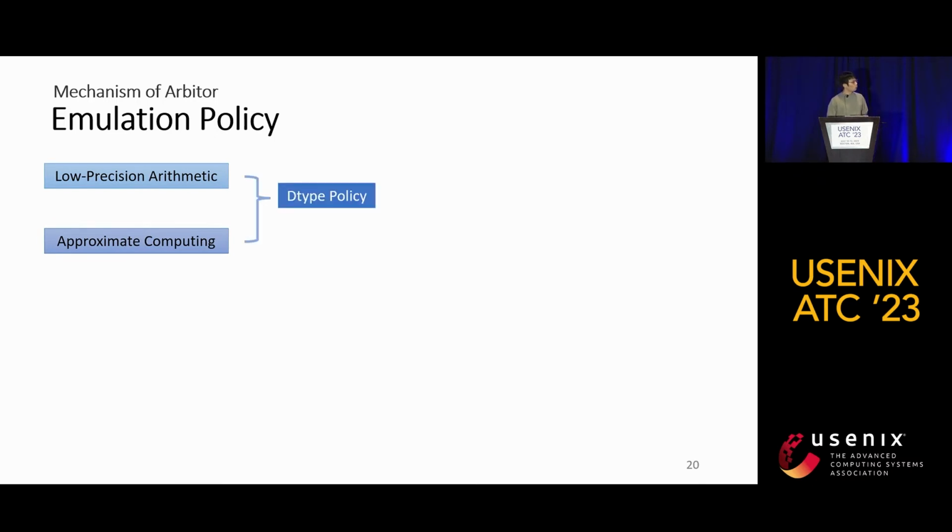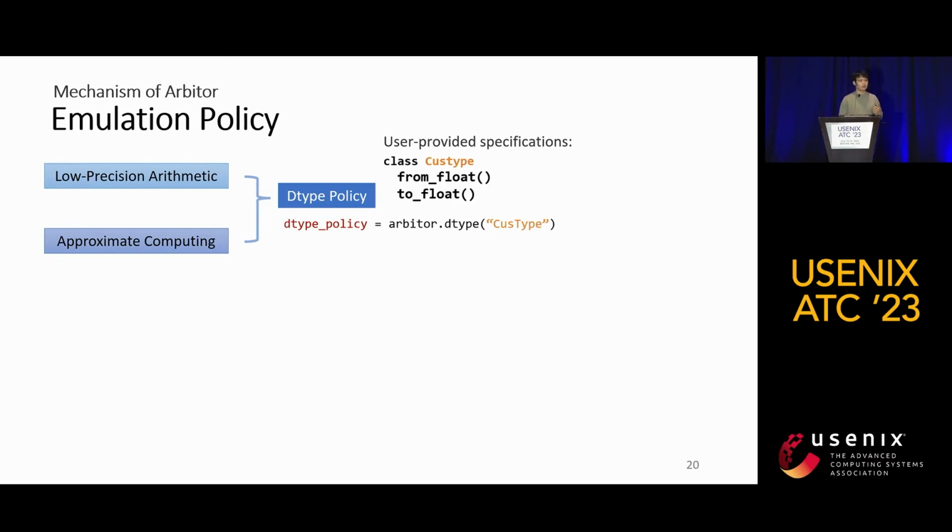In order to specify these hardware-level optimizations, we expose 2 kinds of emulation policies to users. For low-precision arithmetic and approximate computing, we provide D-type policy, where users could specify a name of it, say custom type, and in the meanwhile, provide implementation of primitive operations, such as from float to float, which are conversion between FE32 and the specified type, arithmetic operations, such as addition and multiplication, and mathematical functions like hyperbolic tangent or exponent.